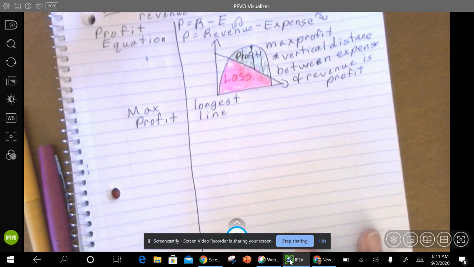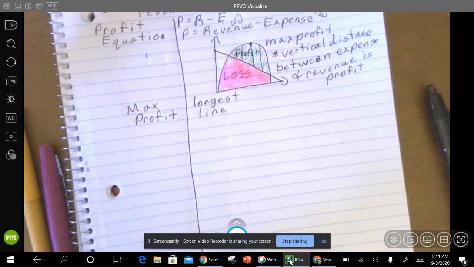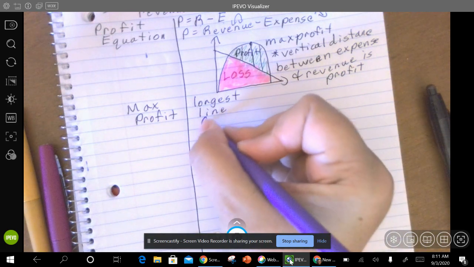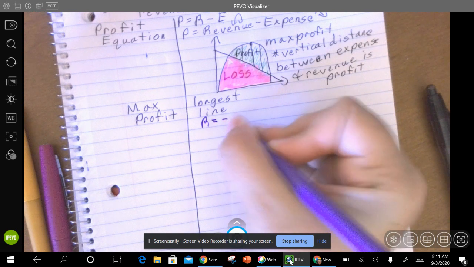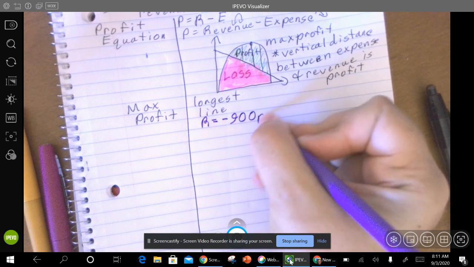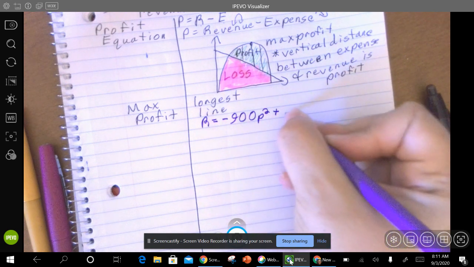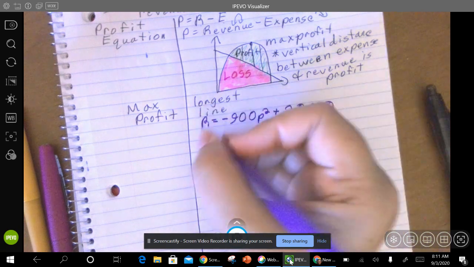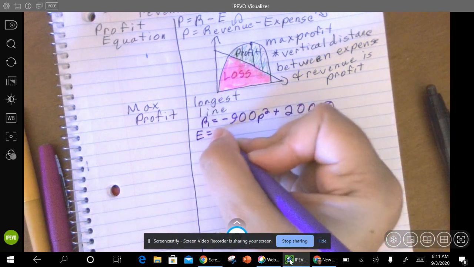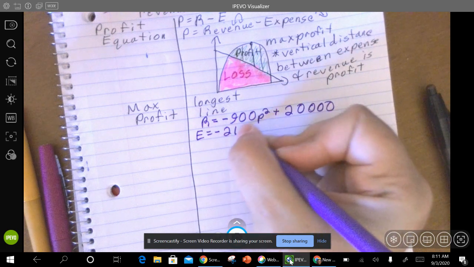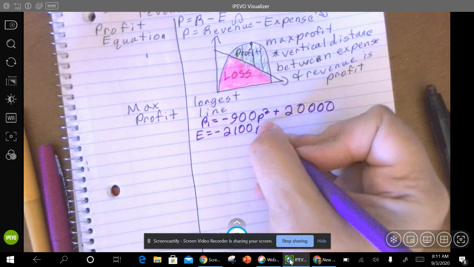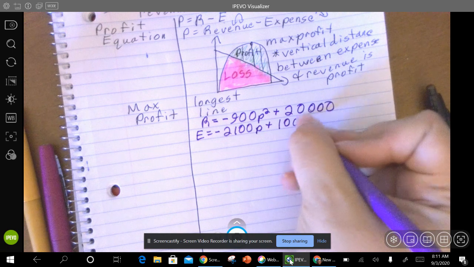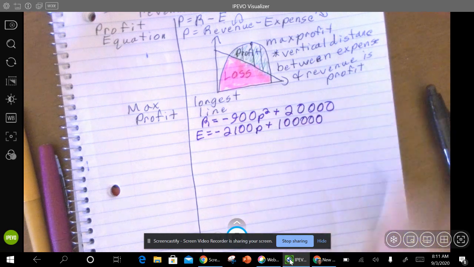Okay, so revenue is going to be equal to negative 900 times the price squared plus 20,000. And then we're going to have our expenses equal to negative 2,100 times the price plus 100,000.